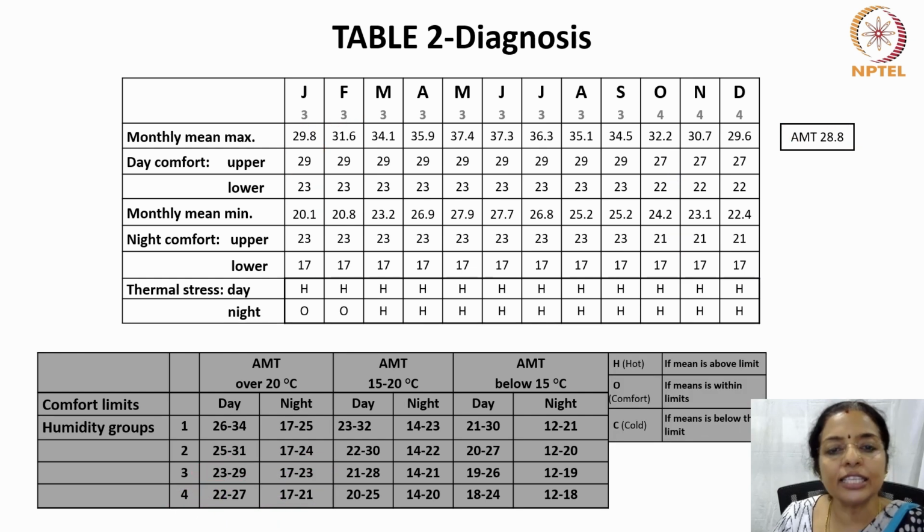Like this, you fill for each of the months. Now, you can see that 31.6 is more than 29. So it is bound to be hot. Like this, for each of the months, you fill it.